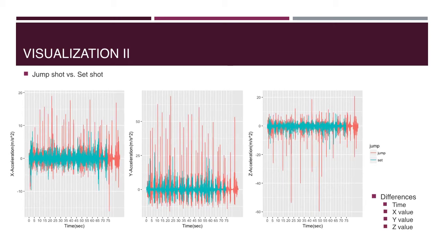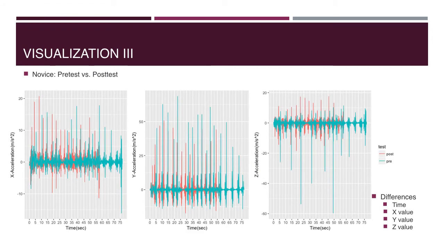The second visualization tells us about the jump shot and the set shot. As you can imagine, jumping for sure takes more time than setting, and the jumping movement is larger than the setting, which is why you can see higher values in all of X, Y, Z. The last visualization is about the novice's pre-test and post-test scores.